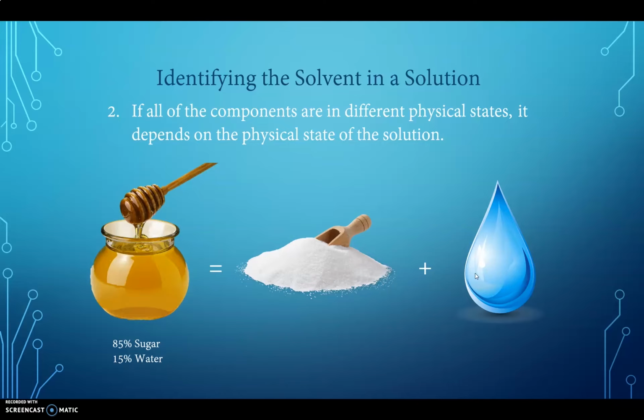So you might be thinking, I guess sugar must be the solvent, but that's not the case. Because they're two different physical states, we look at the physical state of the final solution. Honey is a liquid, and water is a liquid, and therefore water would have to be the solvent. Even though there's more sugar, if the water dissolved in the sugar, we would end up with a solid result. But if the sugar dissolves into the water, we end up with a liquid.